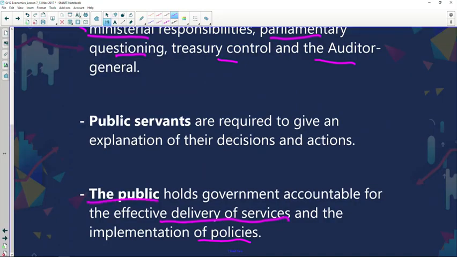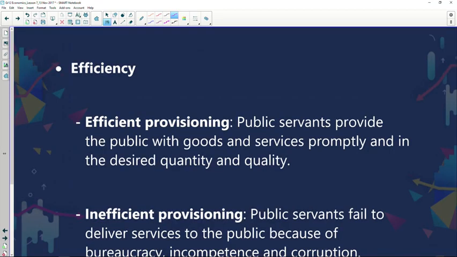So we've looked at the public holding the government responsible and accountable. So I'm going to now move on to our next point, and then we're going to look at efficiency. So we've looked at accountability, that at the end of the day, someone needs to be held accountable because there is a person or a committee that has made that decision.